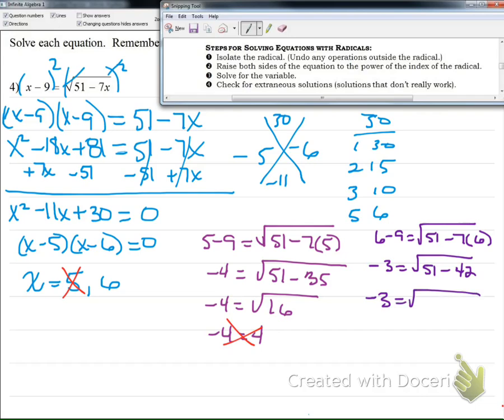Square root of 51 minus 42 is 9. Negative 3 is equal to, square root of 9 is positive 3. Again, negative 3 does not equal positive 3, so 6 is not a solution either. So the answer to this problem is no solution. And you'll need to write that, no solution.